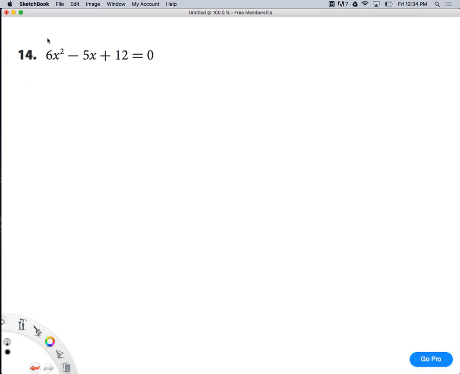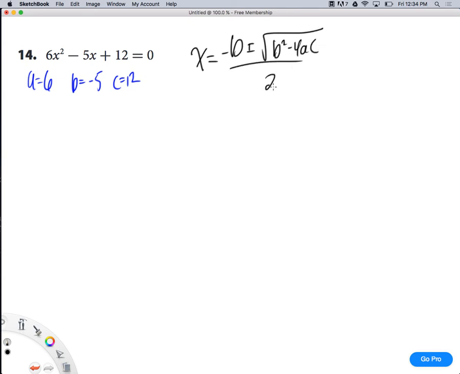Okay. What's the leading coefficient here? Is it 1? No. Okay. Before I do anything else, never mind. Let me just do it the way that I would do it otherwise. Watch. So what do I have to do? Quadratic formula, right? a equals 6. b equals -5. c equals 12, right? So x equals -b plus or minus square root b squared minus 4ac all over 2a.